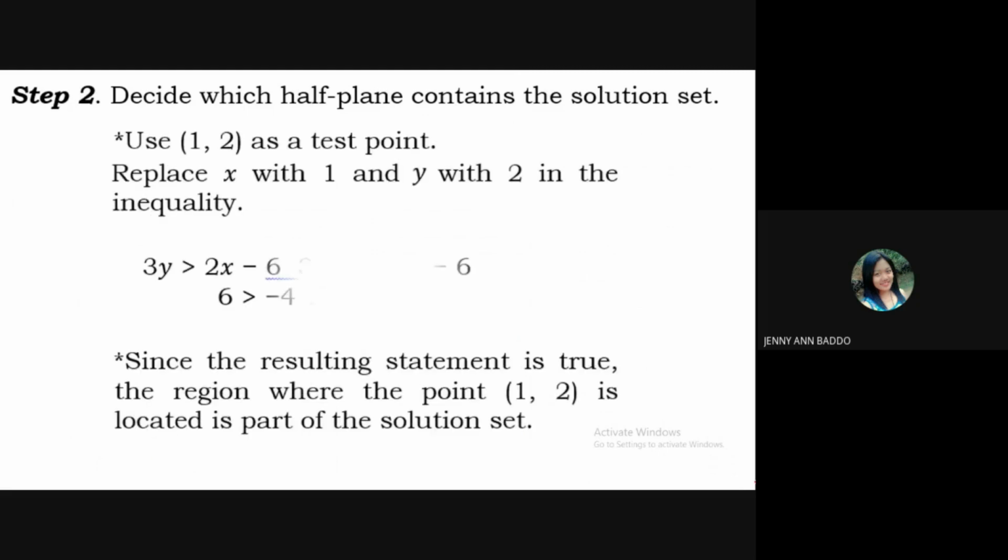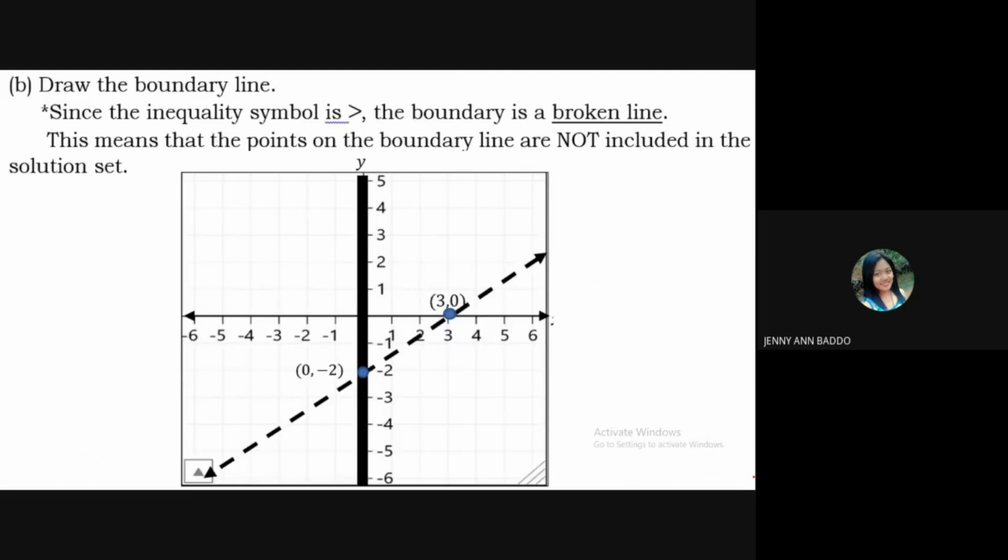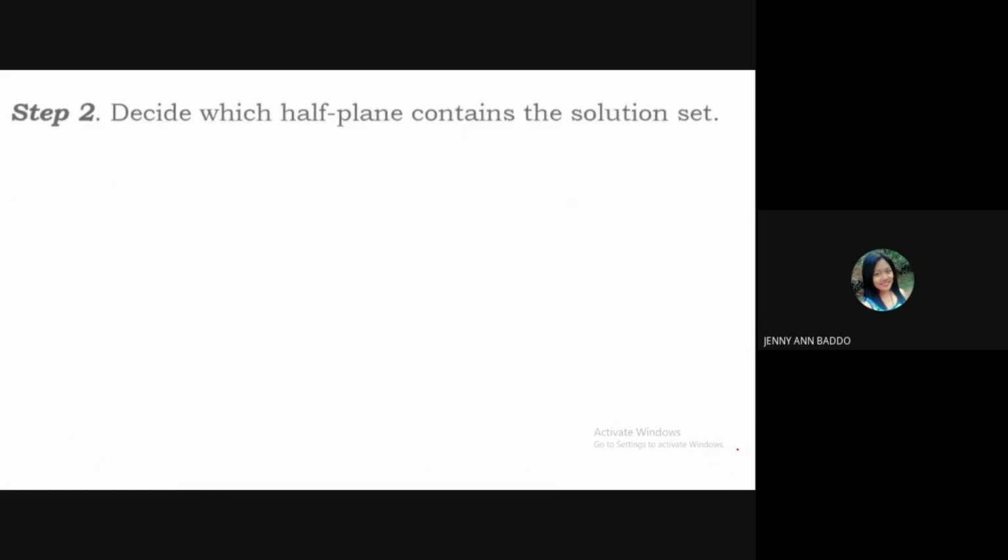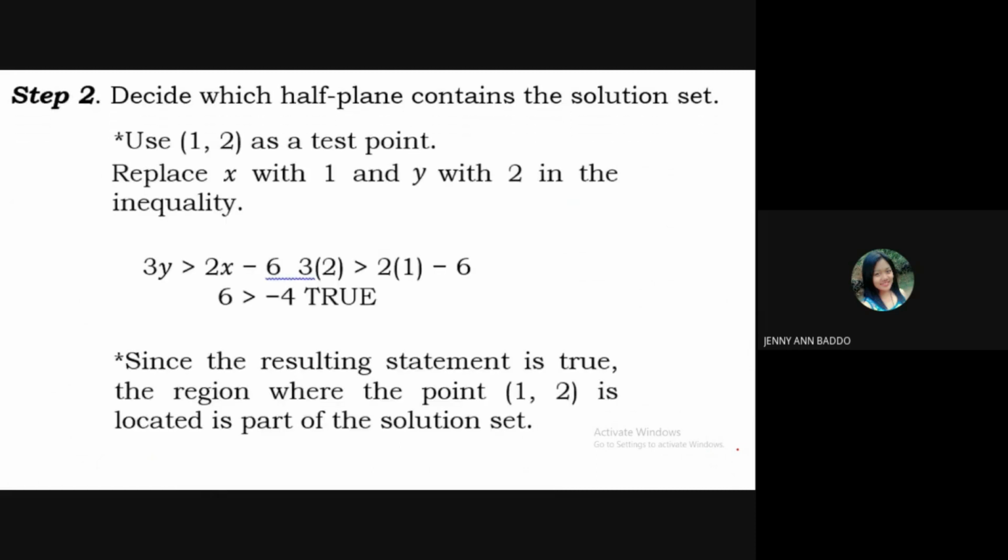Next, decide which half plane contains the solution set. As a test point, we will use (1, 2). Take note, (1, 2) is found here, on the upper left part of the plane divider. So by substitution, we have 3y is greater than 2x minus 6.